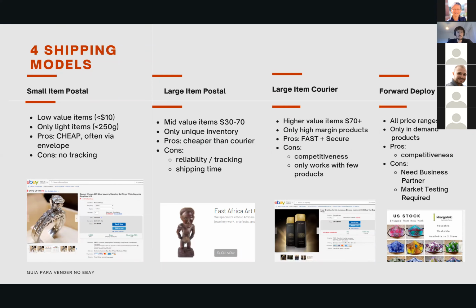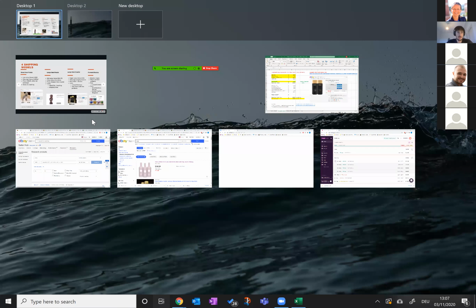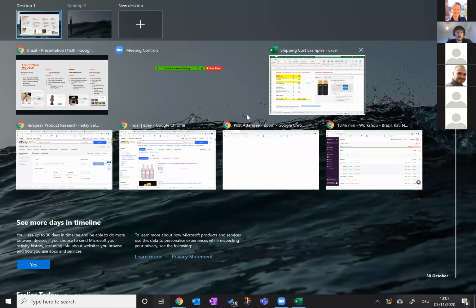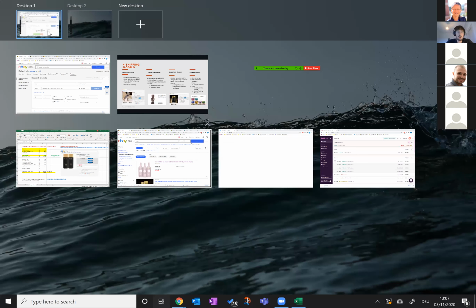And the pros is it's very cheap to do that. The cons is you don't have as much reliability because there's usually no tracking. I'll give you an example of one of those sellers that's very successfully using this model, and that would be over here, switching windows.